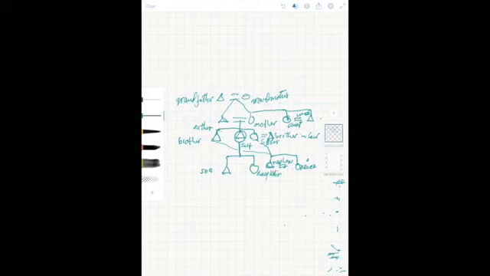And then finally we do the same for daughter and son. What is the son of son? And the answer is grandson. What is the daughter of son? The answer is granddaughter.